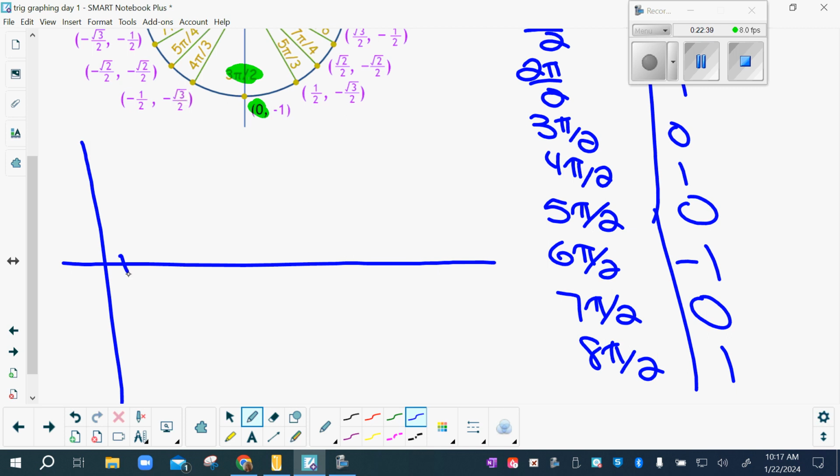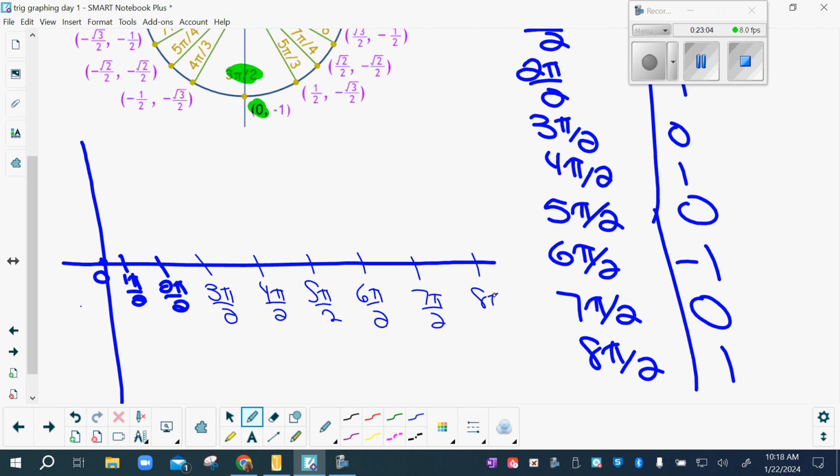So here we go. 0, 1 pi over 2, 2 pi over 2. I'm going to make my pen thinner because that looks awful. 3 pi over 2, 4 pi over 2, 5 pi over 2, 6 pi over 2, 7 pi over 2.